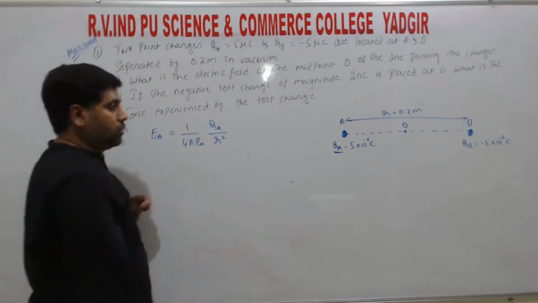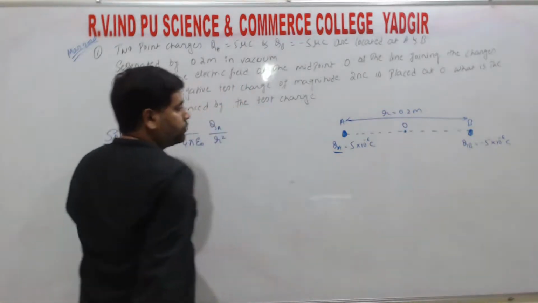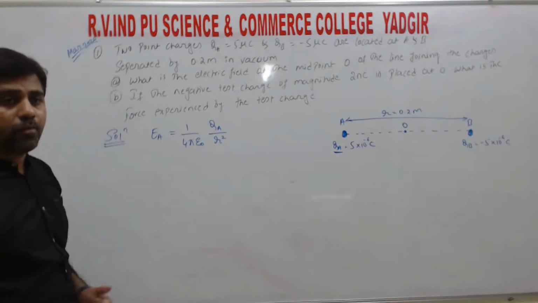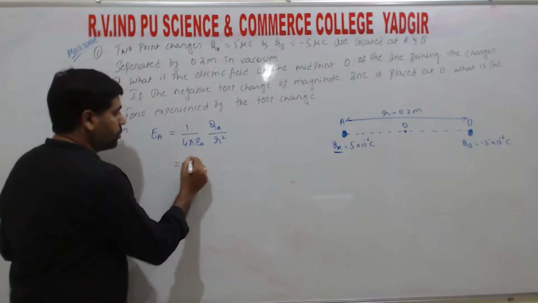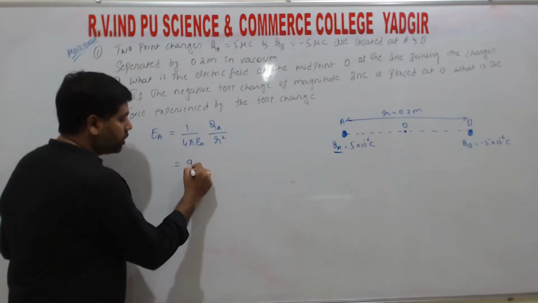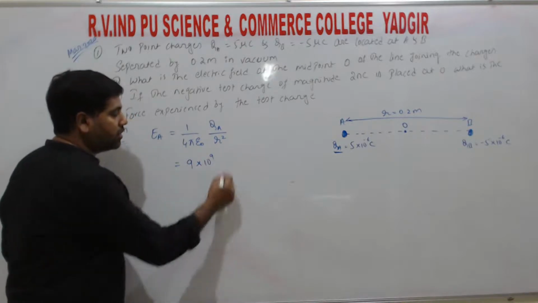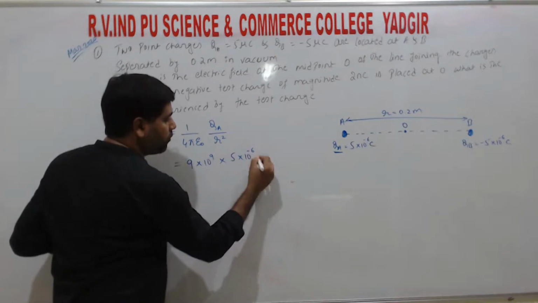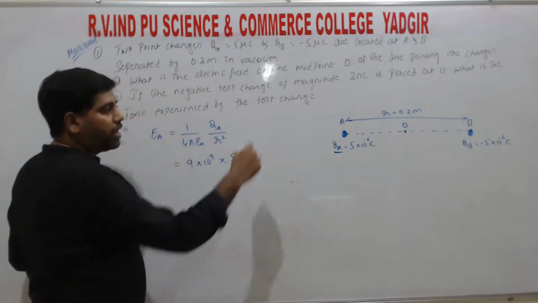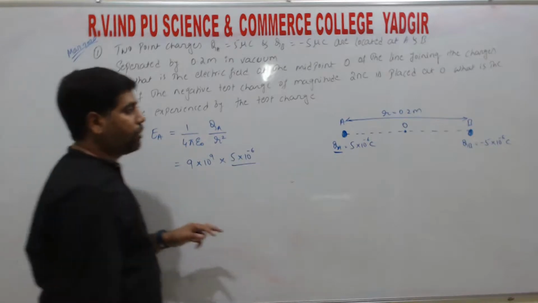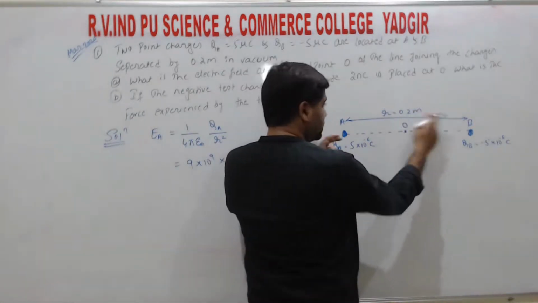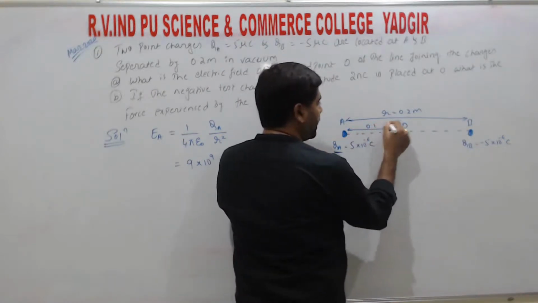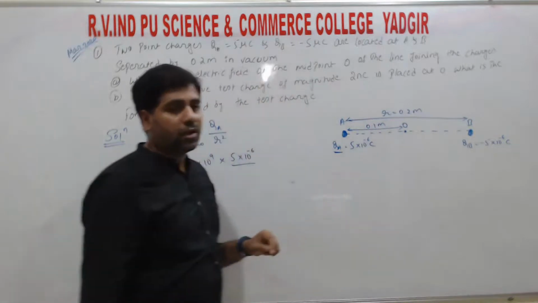The test charge is always taken positive, right? 1 divided by 4 pi epsilon naught is 9 into 10 to the power of 9, into QA, 5 into 10 to the power of minus 6, divided by r, which is given as 0.2 meter. But that is the total distance between A and B, and here we need the distance AO, exactly at the middle, that is 0.1 meter.